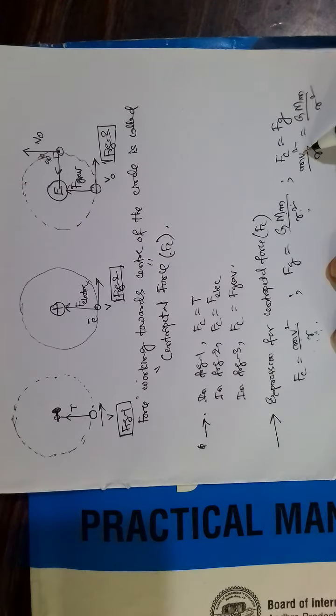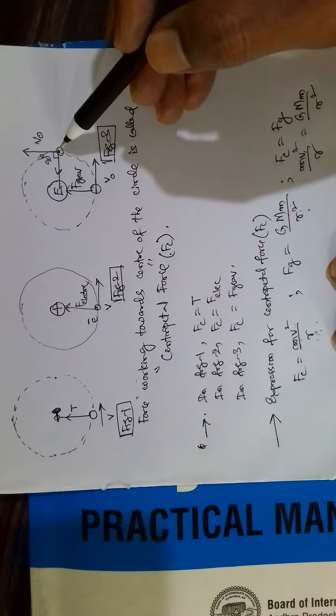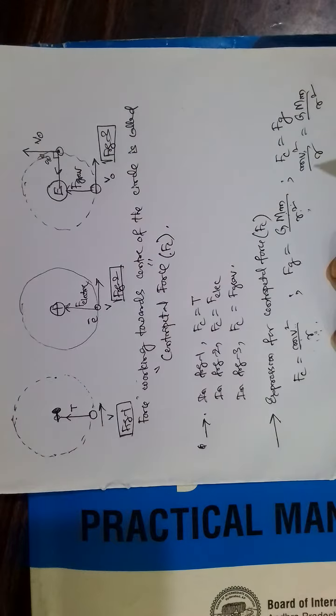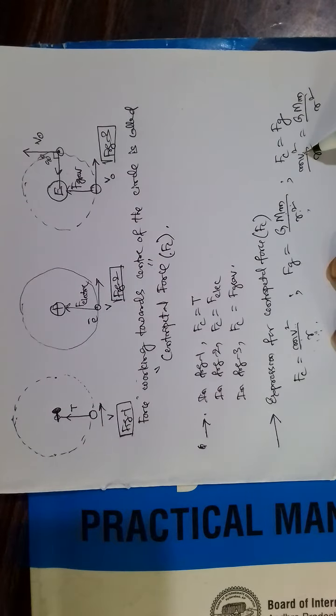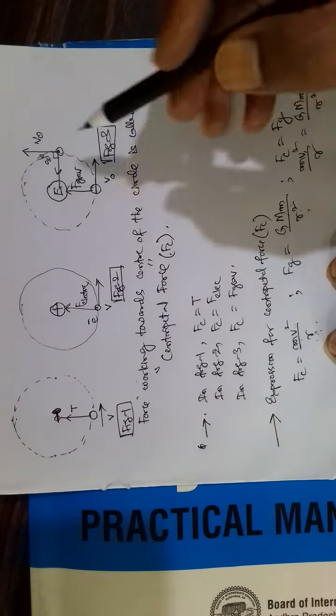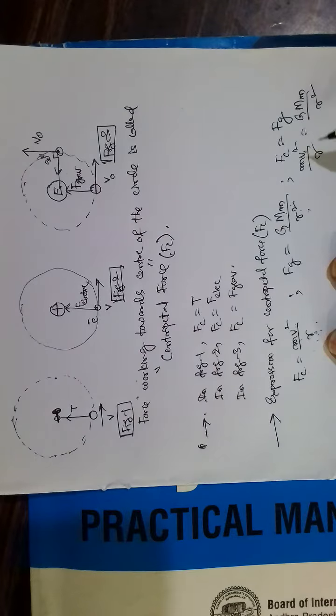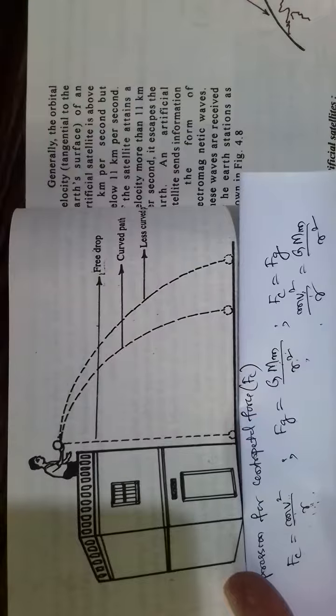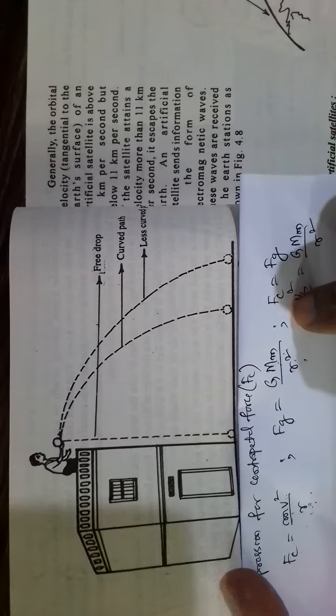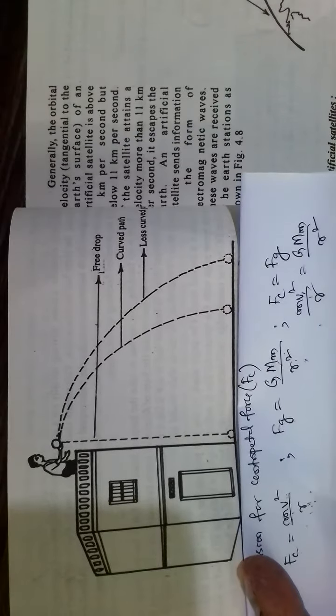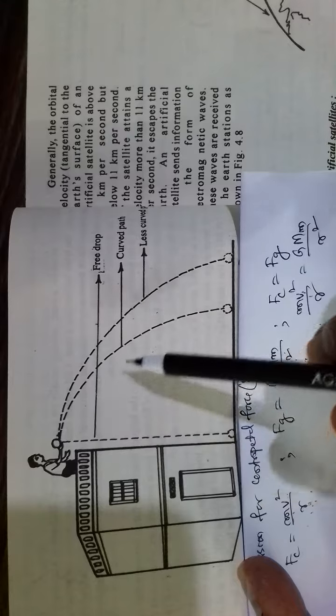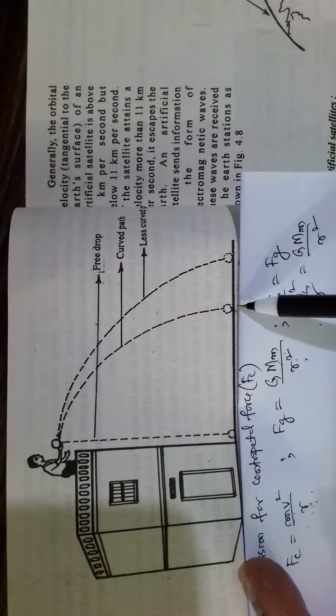So if you maintain this speed, that satellite will move around the Earth, and that velocity is called the minimum velocity to be given to the satellite in the horizontal direction. Initially I showed you a figure. See here, at a certain speed the object travelled in a parabolic path and fell down on the surface of Earth.